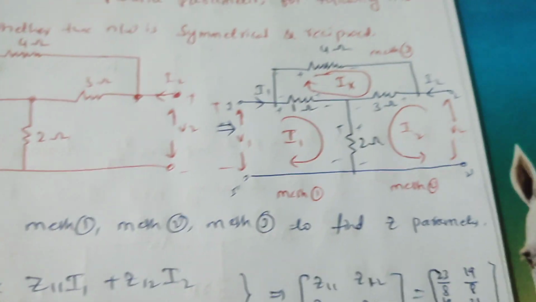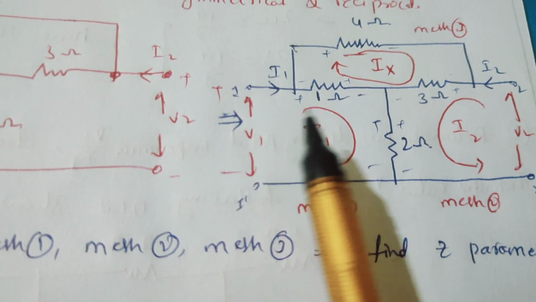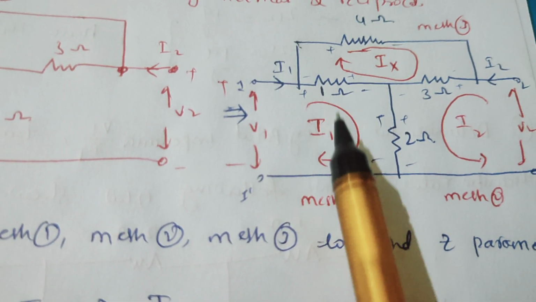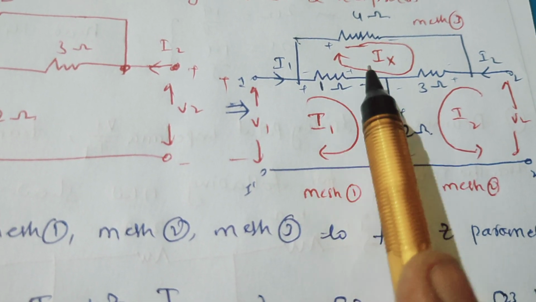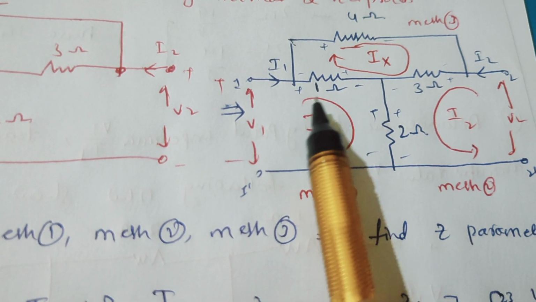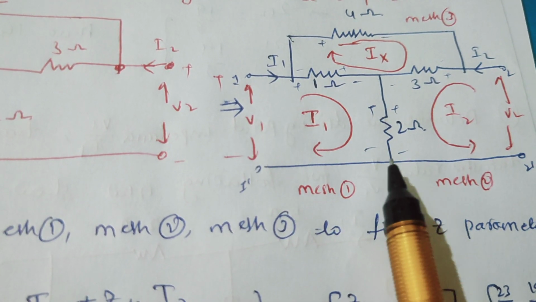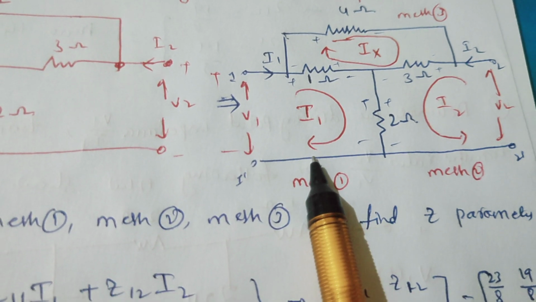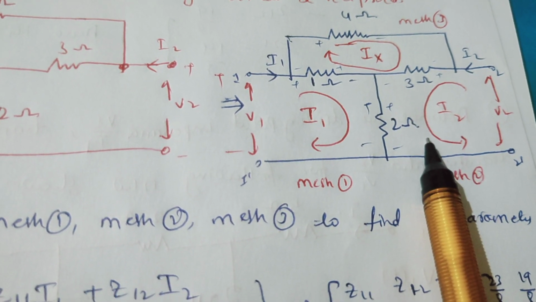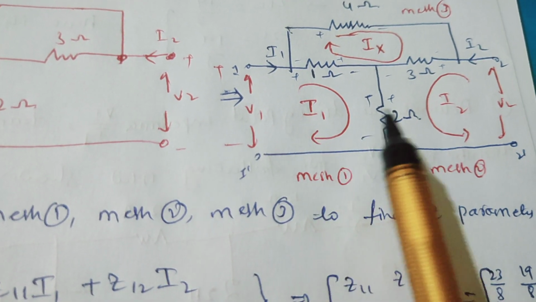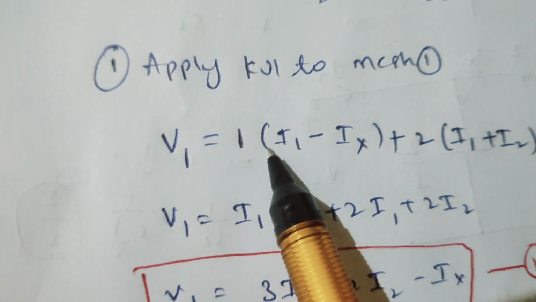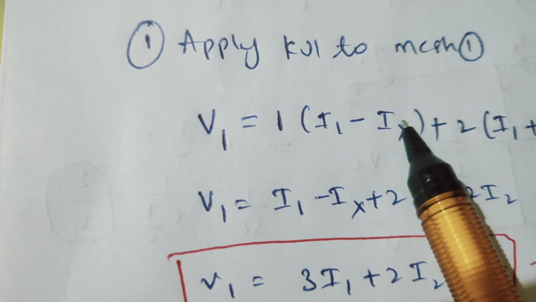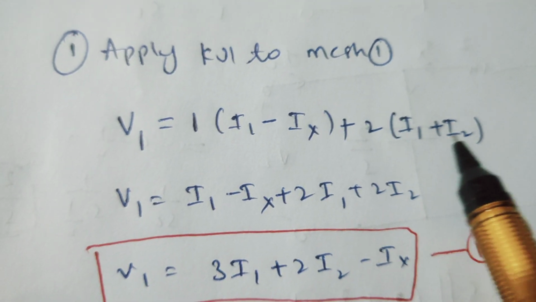So here I am applying KVL to mesh 1. This is your mesh 1 now. V1 is equal to 1 into (I1 minus Ix). Here I1 is your entering current and Ix is opposite to this current, so it is I1 minus Ix, plus 2 into (I1 plus I2), since I1 and I2 are both entering currents. Therefore the mesh equation is V1 equals 1 into (I1 minus Ix) plus 2 into (I1 plus I2).